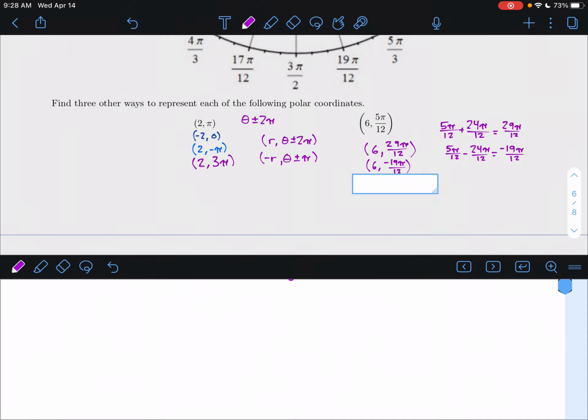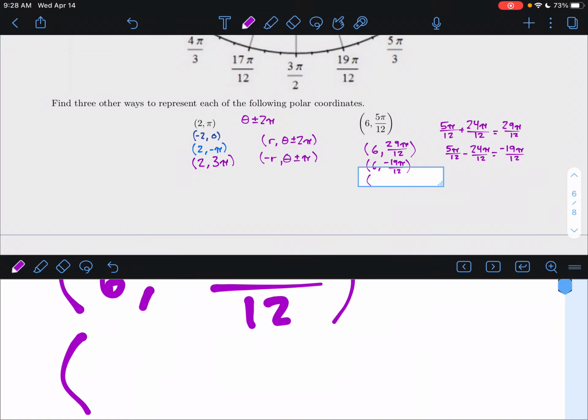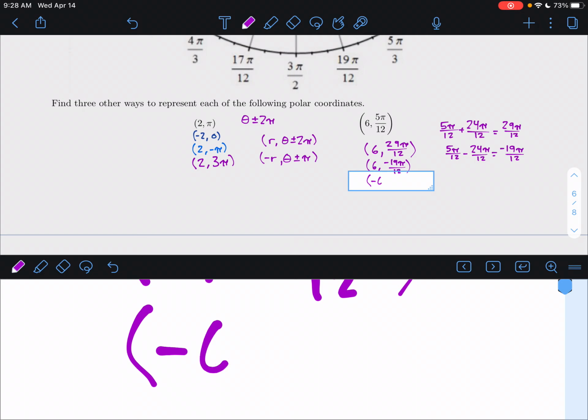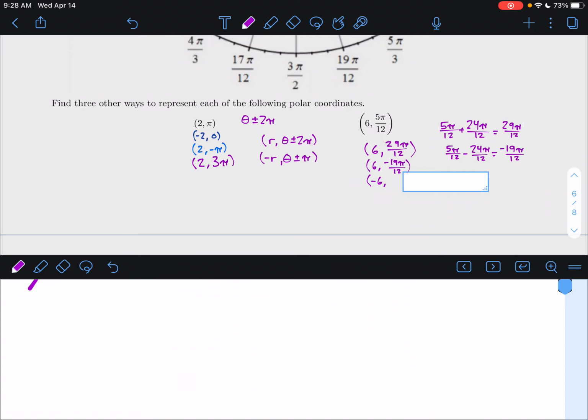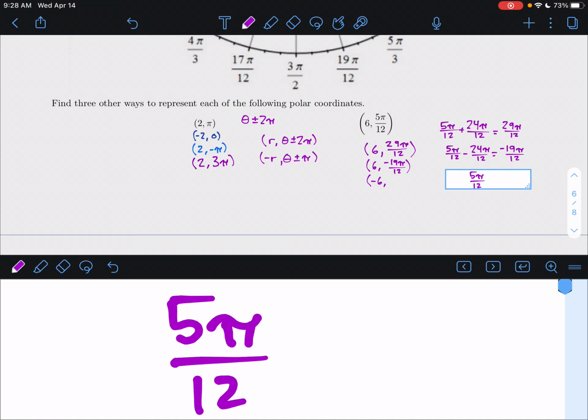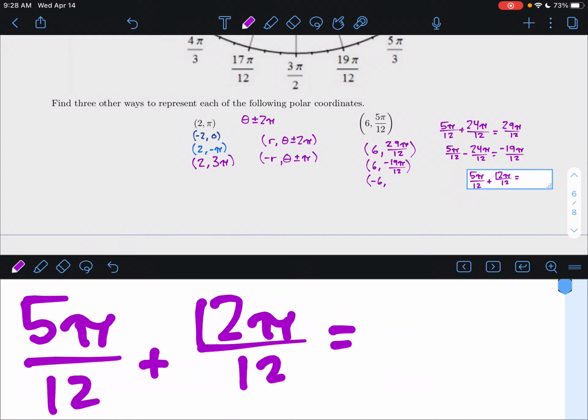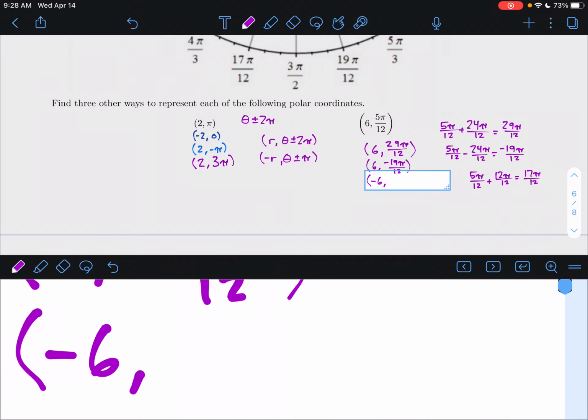And then the third option is to do the negative r, so negative 6, and take theta and just add pi. So 5 pi over 12 plus pi, well, that would be 12 pi over 12. 5 plus 12 is 17 pi over 12. So (-6, 17 pi over 12).